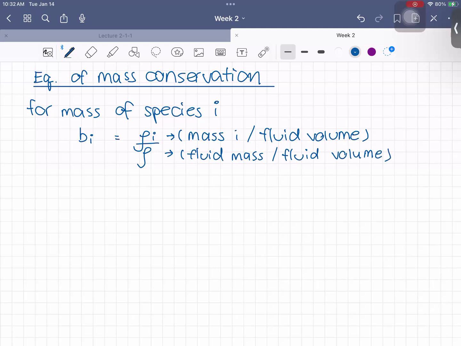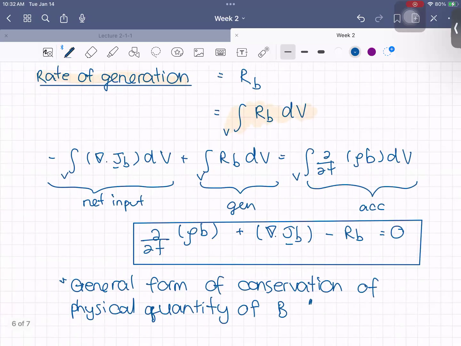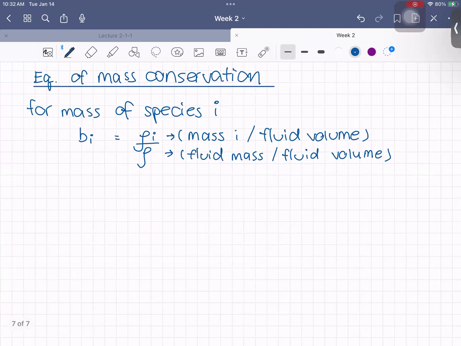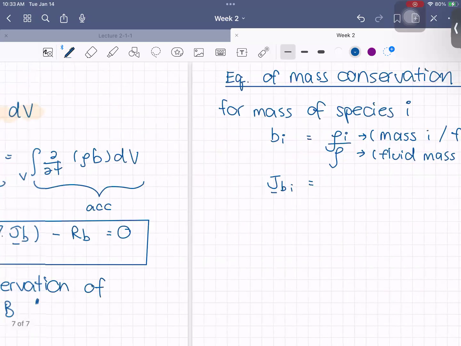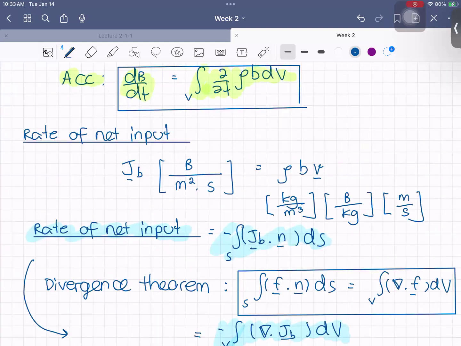That's it. Then if I go back to this equation, you would see here that we have JB, right? JB is the flux. So if we are considering the mass of species i, JB_i is equal to, previously we have JB equal to this one, rho b times v, velocity, right?